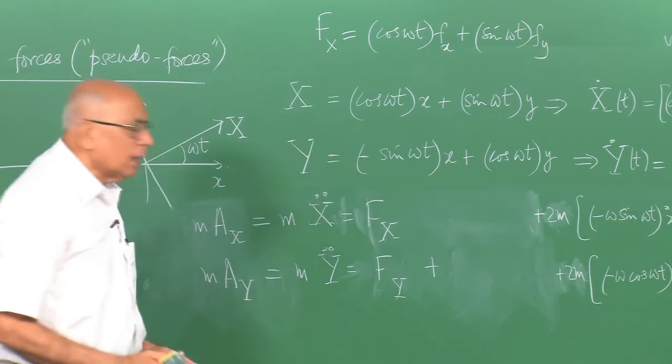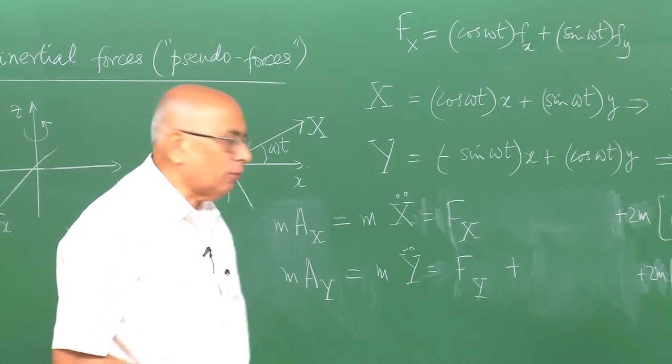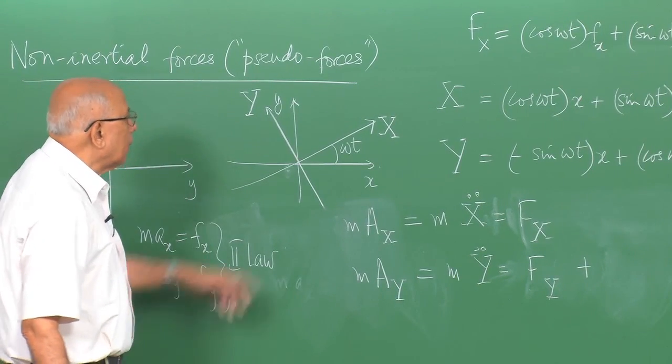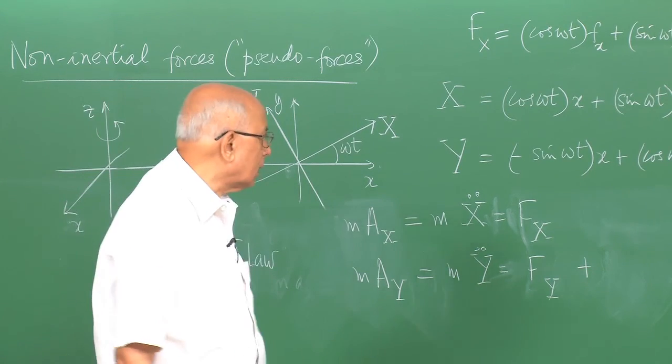So it is immediately clear that Newton's second law is not valid in its original form in the rotated frame of reference, or the accelerated frame of reference. Remember, when you have rotational motion there is always an acceleration, you can't kill the acceleration.